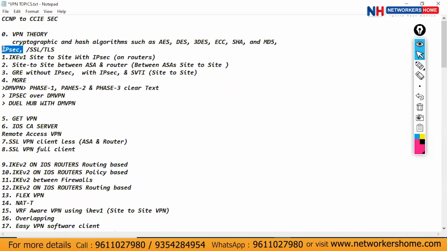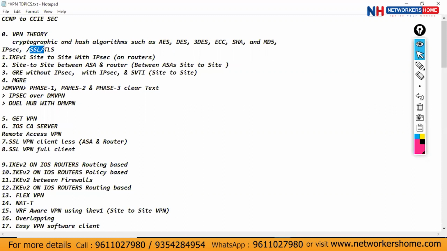Because most of the time in an interview, whenever you represent yourself as a security guy, whether in a SOC or any other field, as a security network engineer or analyst, they will definitely touch IPsec. 50% of your interview will depend on IPsec, and the rest 50% on other stuff. Especially when you say you are a security guy, IPsec will matter more than SSL and TLS. But as a fresher, they might or might not ask about SSL or TLS.